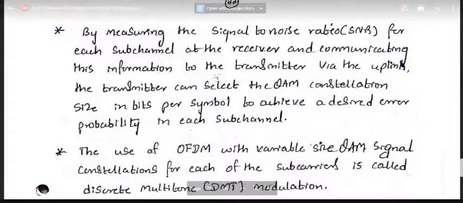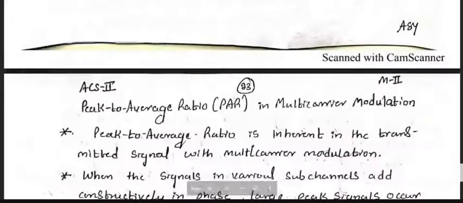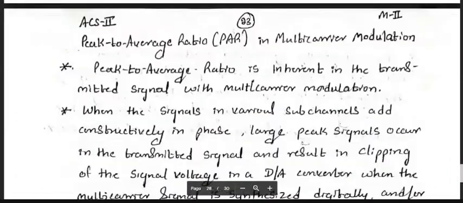Now let us move on to the next topic, peak to average ratio. What is this peak to average ratio? Whenever n number of signals are there in various subchannels, they add constructively in phase.